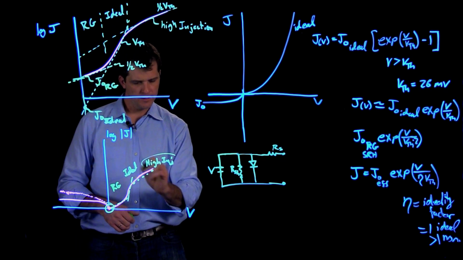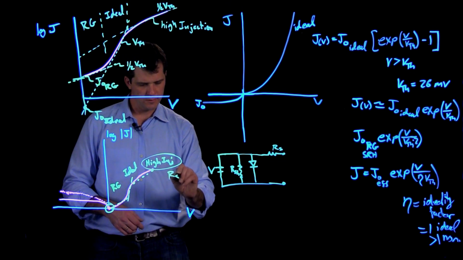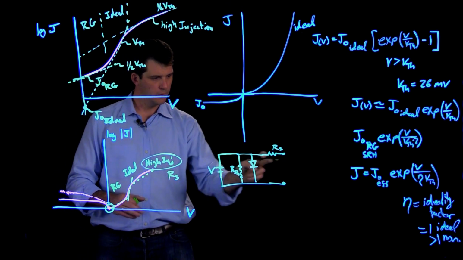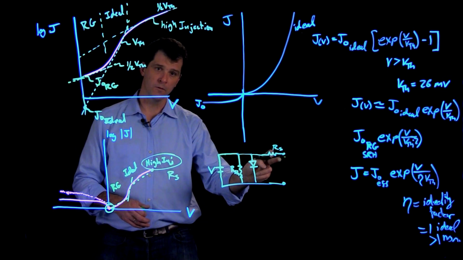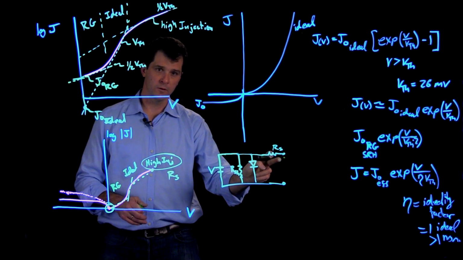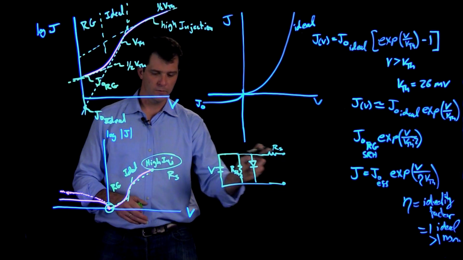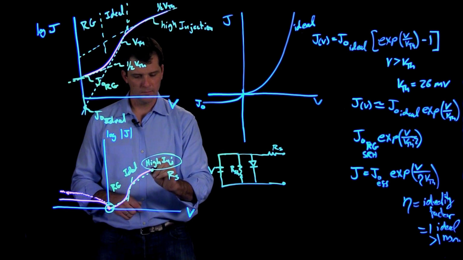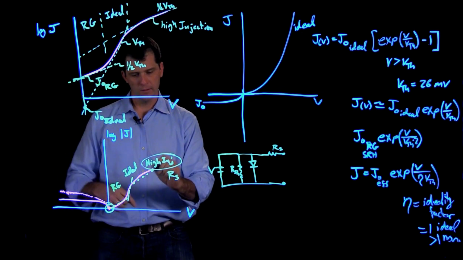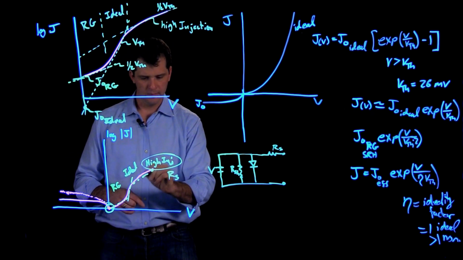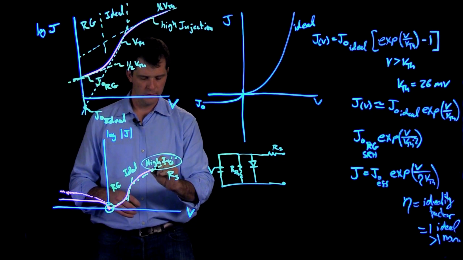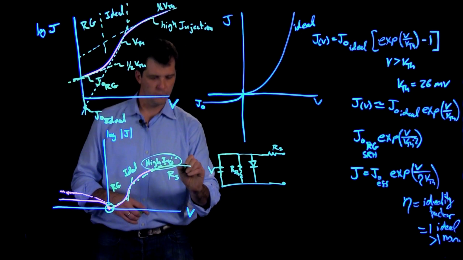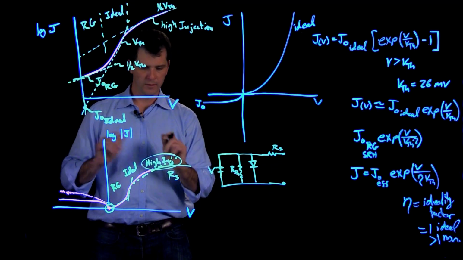So high injection and also our series resistance can sort of look the same, except that what you'll see is a linear behavior in the roll-off for RS, whereas you'll see an exponential behavior still for high injection. So on a logarithmic scale, the high injection looks like a straight line, whereas the linear increase will present as a roll-off on the log scale.